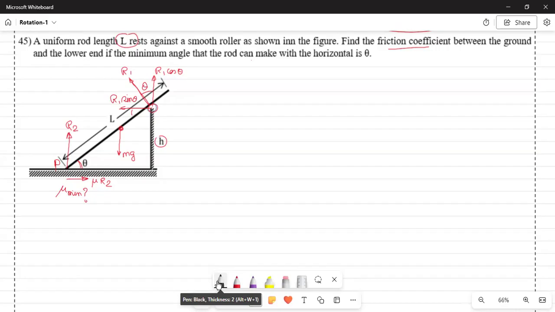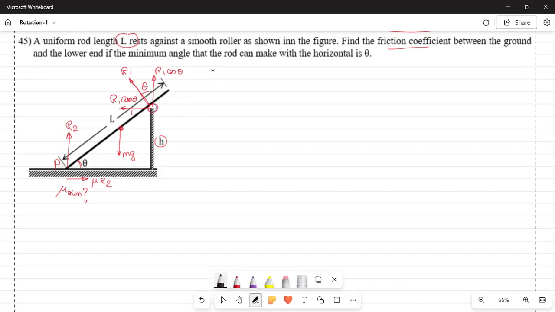Anti-clockwise torque will be equal to clockwise torque, and then only the body will be in equilibrium. So we have only three things to do. Let's write it this way.